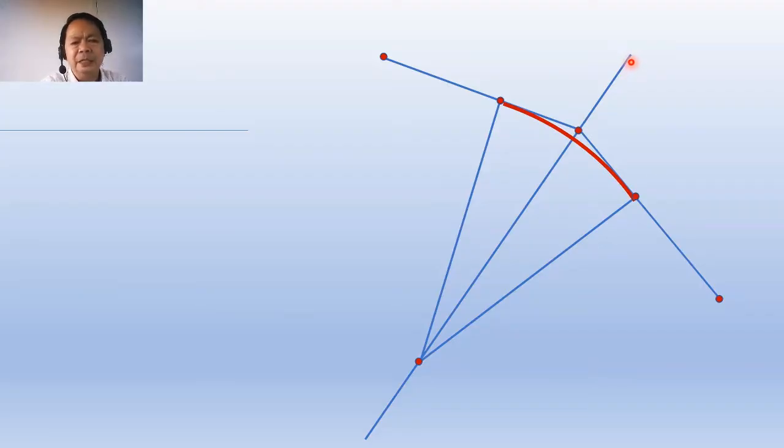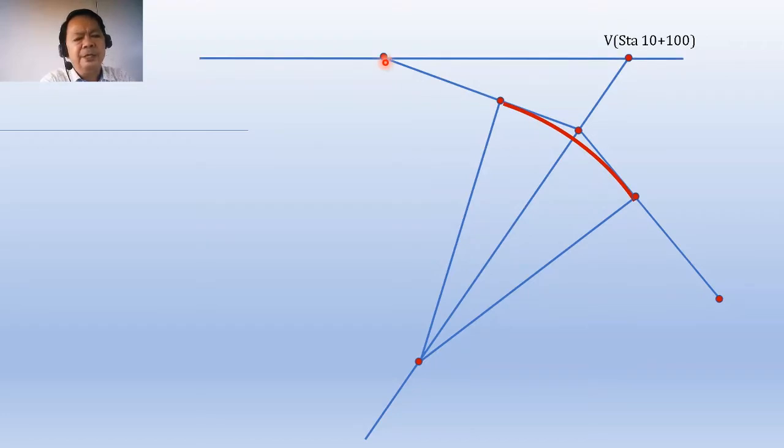So, assuming natin that here is our vertex. Ito yung vertex na sinatawag natin, which is at station 10 plus 100. And then, from this vertex, we will be connecting the tangent to the simple curvature at this point, so that from there, may establish natin yung tangent distance ng ating spiral.